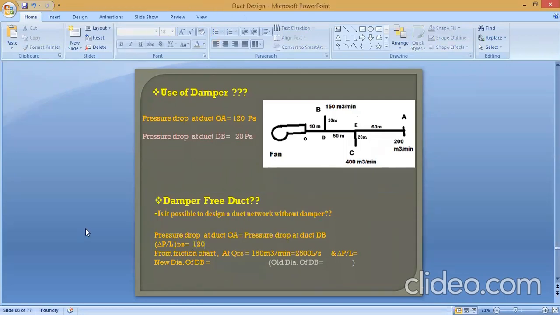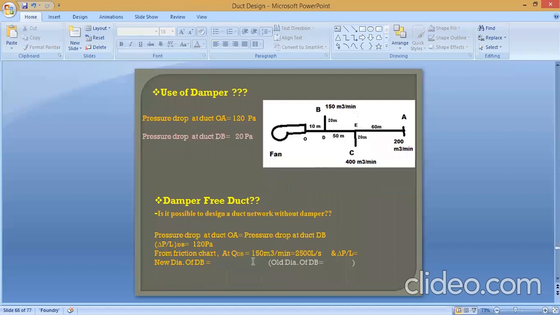So this 120 pascal is the pressure drop, and it is equal to the pressure drop across the DB, clear? And that pressure drop across the DB is delta P by L.